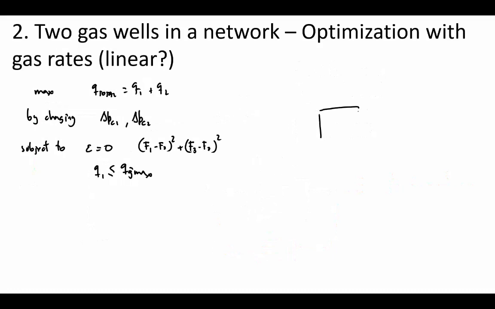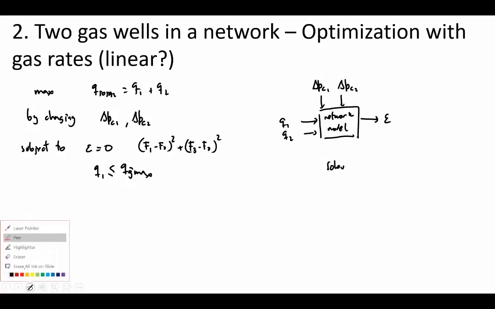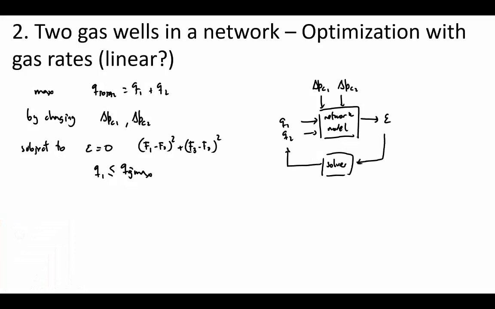If we have the network model, then we have epsilon, then we have Q1, Q2, with the delta P's, and then we have our solver that is simply trying to drive that epsilon to 0 by writing Q1 and Q2.